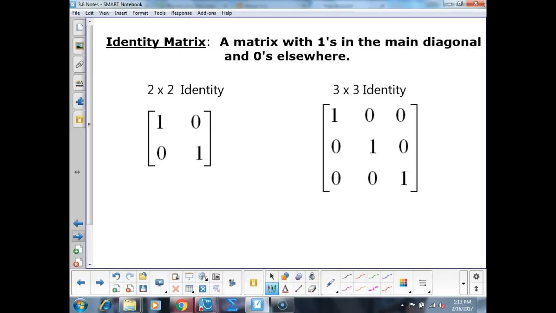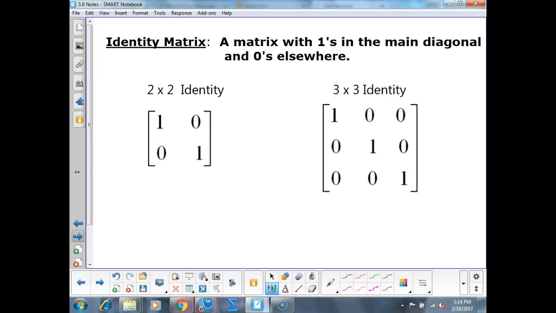When I'm adding, what number do I add that doesn't change the number that I started with? 0. Right? If I add 0, nothing changes. 0 is the additive identity.